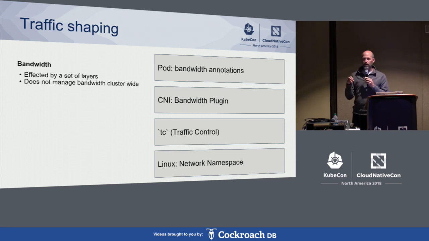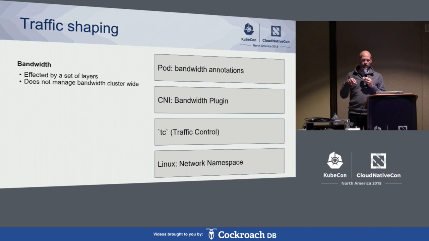So this is where you have a slightly higher order grammar for being able to apply network limits at the Linux network namespace level. You then have the container networking interface, the way Kubernetes knows it has network interfaces available to it. Whether that's different NICs in a machine on a node, et cetera, the way Kubernetes has access to that network interface is through the CNI, and there's a bandwidth plugin.